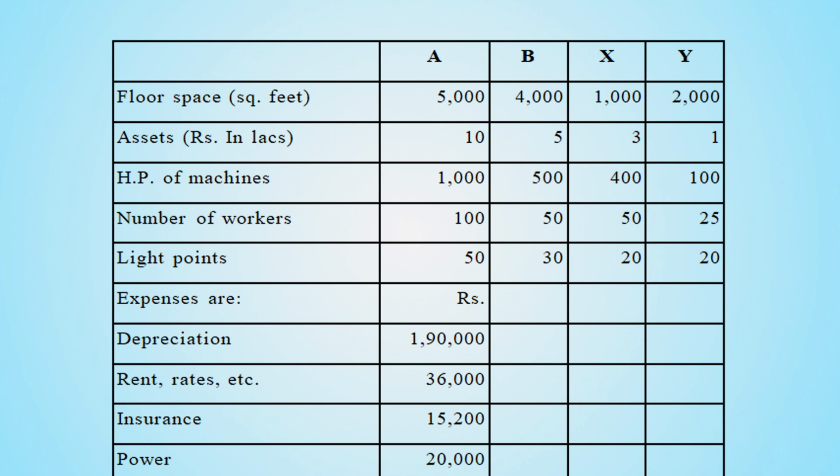Horsepower of machinery is given: for department A as 1000, for department B 500, for department X it is 400 and for department Y it is 100. Number of workers given: for department A as 100, for department B as 50, for department X as 50, for department Y as 25. Number of light points given: for department A is 50, for B it is 30 and for service department X and Y it is given 20 each.